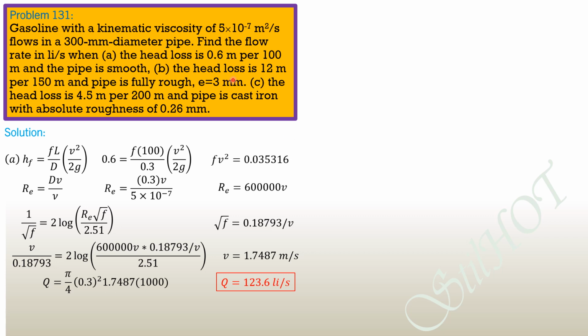In the second part, the head loss is 12 meters per 150 meters and the pipe is fully rough with absolute roughness of 3 mm.